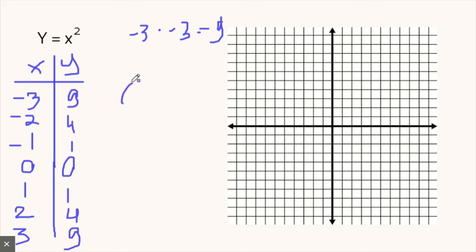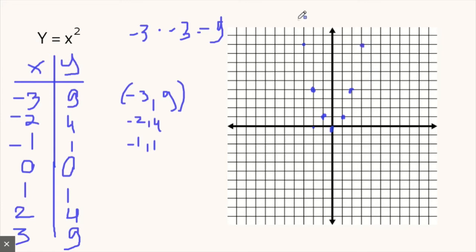Now let's graph these. -3, 9 is 1, 2, 3, 1, 2, 3, 4, 5, 6, 7, 8, 9, right here. -2, 4 is 1, 2, 1, 2, 3, 4, right here. -1, 1 is -1, 1, right here. 0, 0 is here. 1, 1 is going to be here. 2, 4 is 1, 2, 3, 4. 3, 9 is 1, 2, 3, 4, 5, 6, 7, 8, 9.